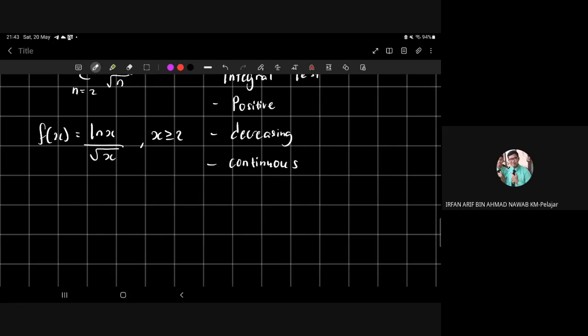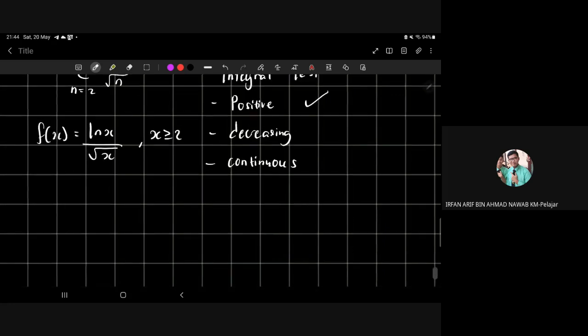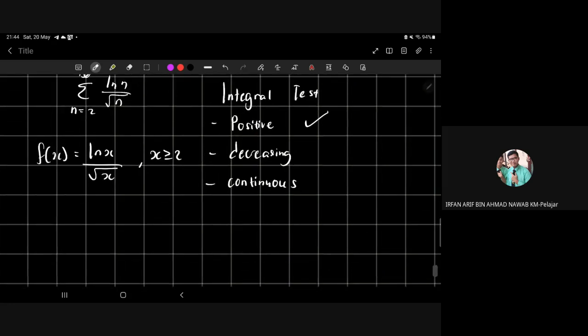Okay, the question is, does it satisfy the conditions before we can apply the test? So we know it is positive. Is it a decreasing function? Who knows? But we have to show that it is a decreasing function. Is it continuous? Yes. Because the only values of x that it doesn't satisfy this are from negative infinity up until 0.